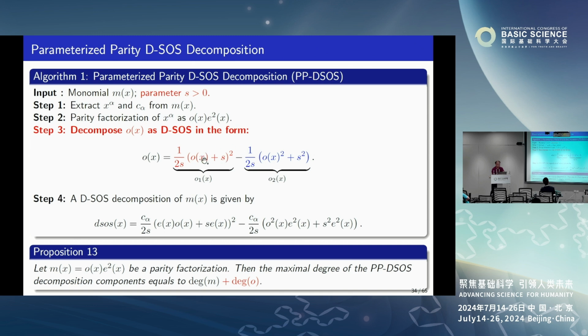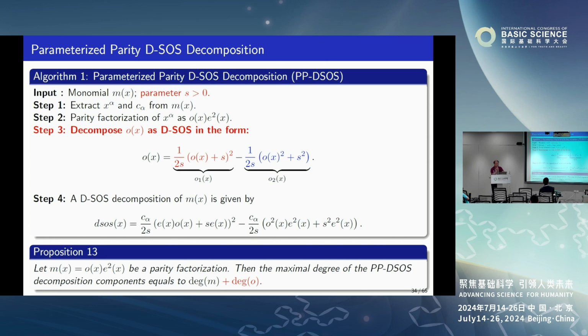So this is a trivial case. It's parameterized because the parameter plays an important role in the quality of the decomposition. But it's very trivial to establish. The theorem theoretically shows that the degree is the degree of m plus the degree of O, meaning that if you want to minimize this degree, you should minimize the degree of O, or find the O whose degree is as small as possible, right?